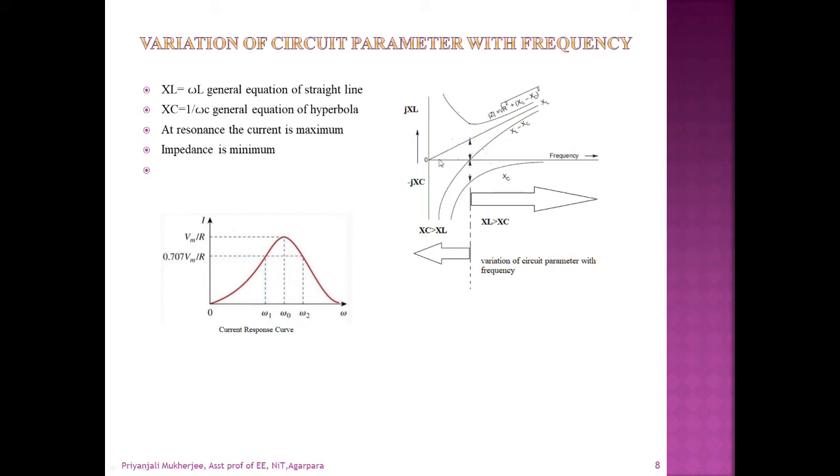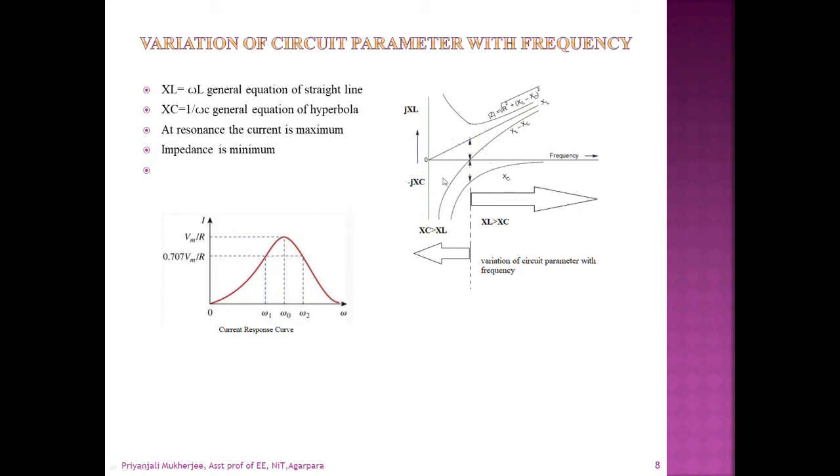So frequency is varying on the x-axis, and next we are plotting XL, and the XL curve is a straight line, whereas the curve of XC is the general equation of a hyperbola, where the frequency is a variable and the constant becomes 1 by 2 pi C, and it looks like this hyperbolic equation.